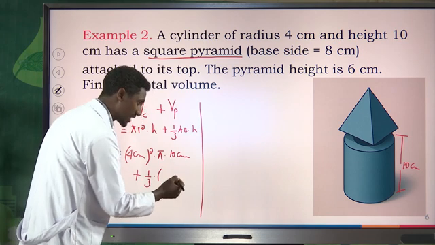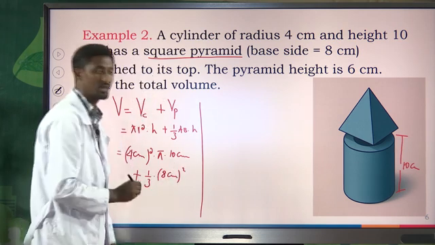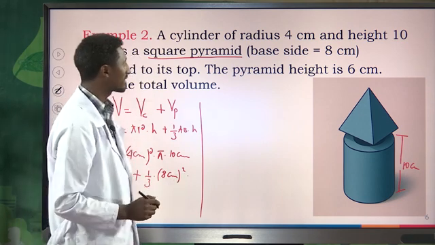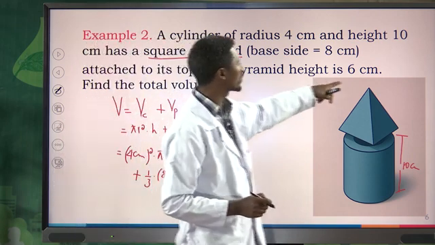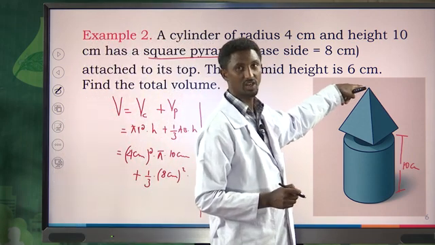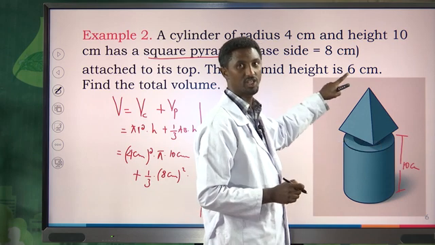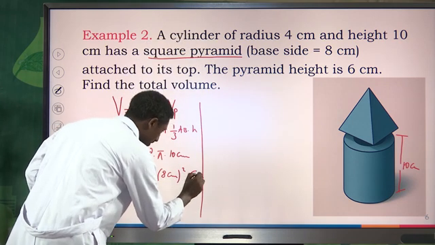So base area is 8 centimeter the whole square, since it is a square, times what is the height? The height of a pyramid is the perpendicular distance from the vertex of the pyramid to the base, which is given as 6 centimeter, times 6 centimeter.